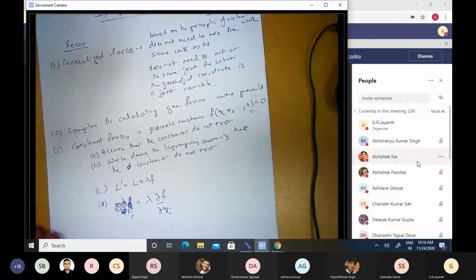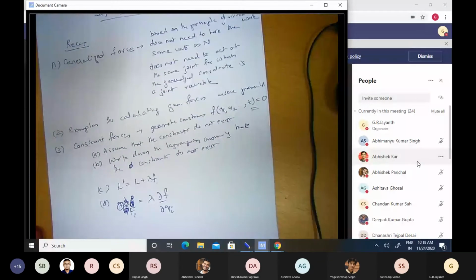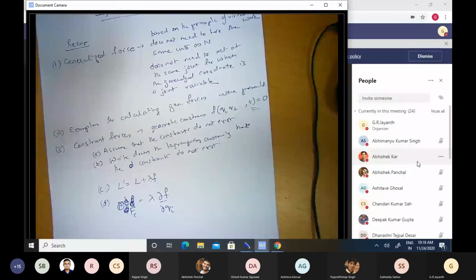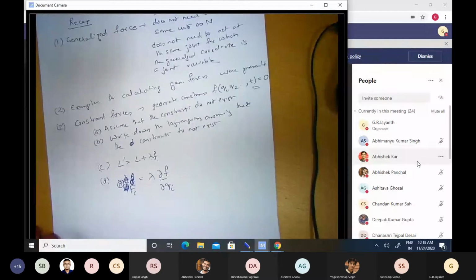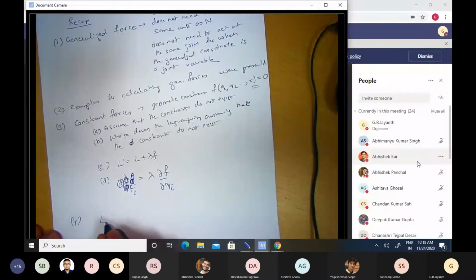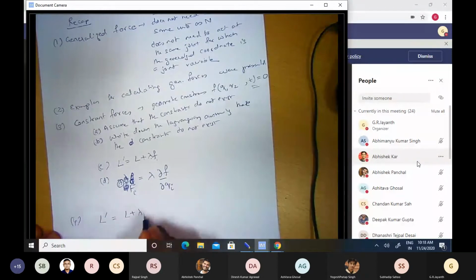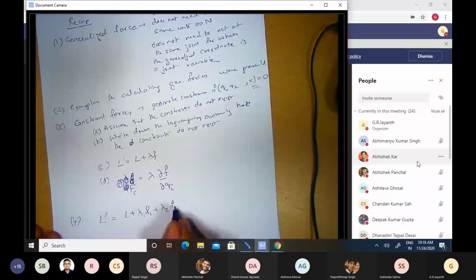Okay, if you have multiple constraints, which is something that we did not talk about in the previous lecture, then we replace the Lagrangian with L prime equal to L plus lambda 1 f1 plus lambda 2 f2, etc., up to lambda n fn.